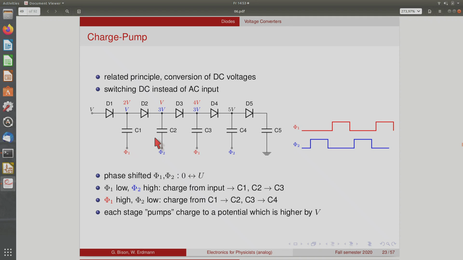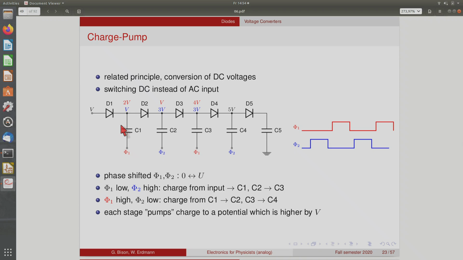Okay. A related principle are the so-called charge pumps. Instead of having an AC voltage, you use a DC voltage that you switch back and forth. And this is shown here. You have this chain of diodes, and these capacitors are connected to these phase-shifted voltages that go up and down here.